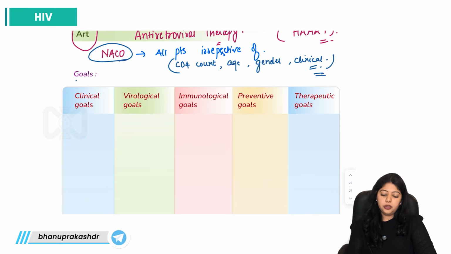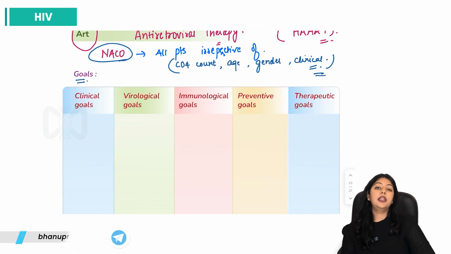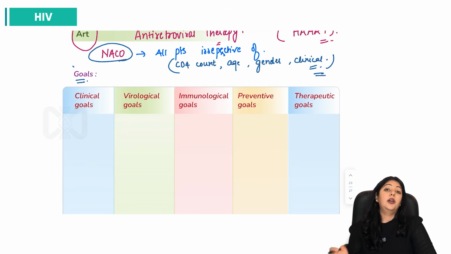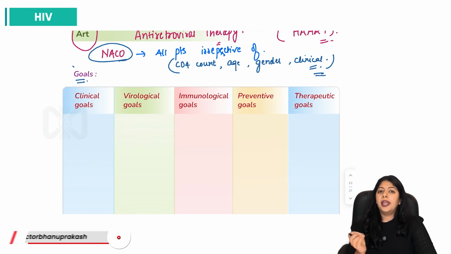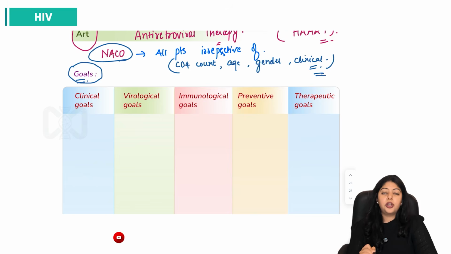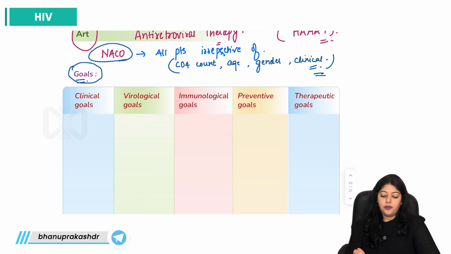Now there are certain goals. Since HIV is a lifelong condition, the virus is not getting killed and the patient is never getting rid of that virus, right? But there are certain goals devised by NACO so that a better life can be given to the patients. First is the clinical goal.